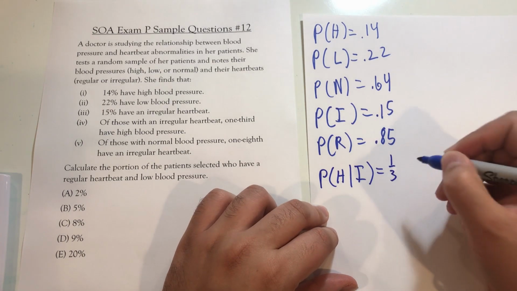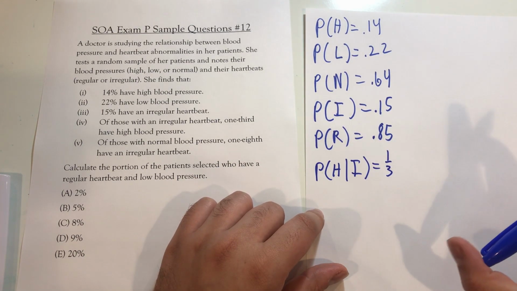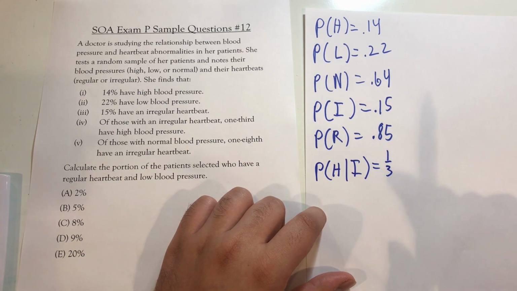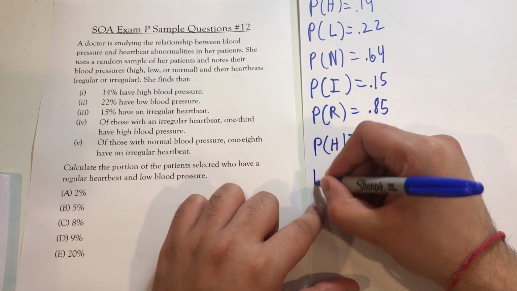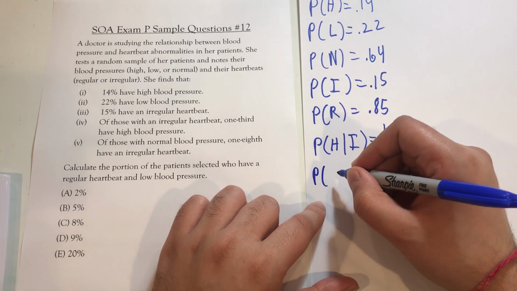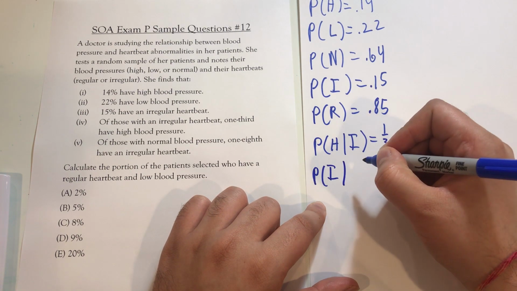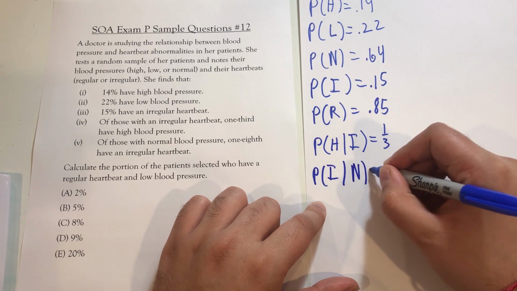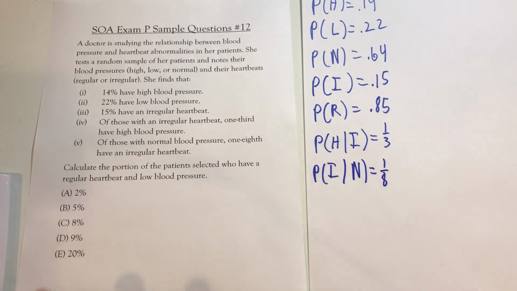And I'll just write that as a fraction to avoid having a repeating decimal. And then lastly, of those with normal blood pressure, 1/8 of them have an irregular heartbeat. So that is another conditional probability. So the probability of having an irregular heartbeat, given you have normal blood pressure, is 1/8.